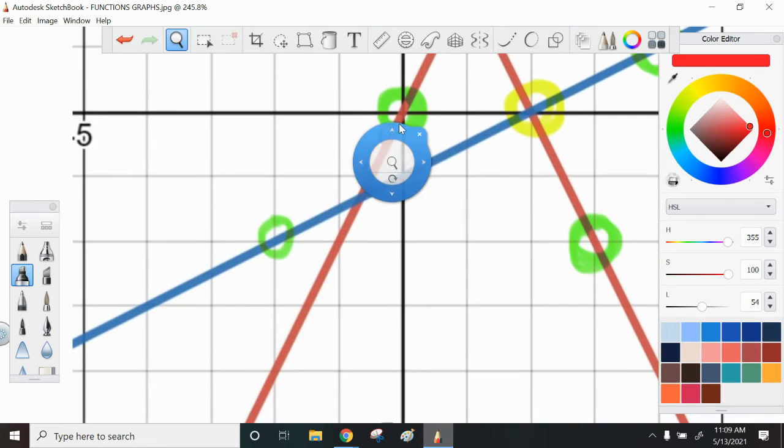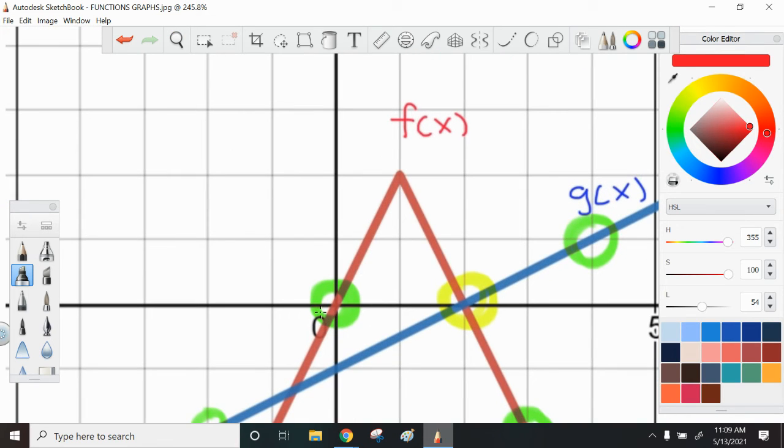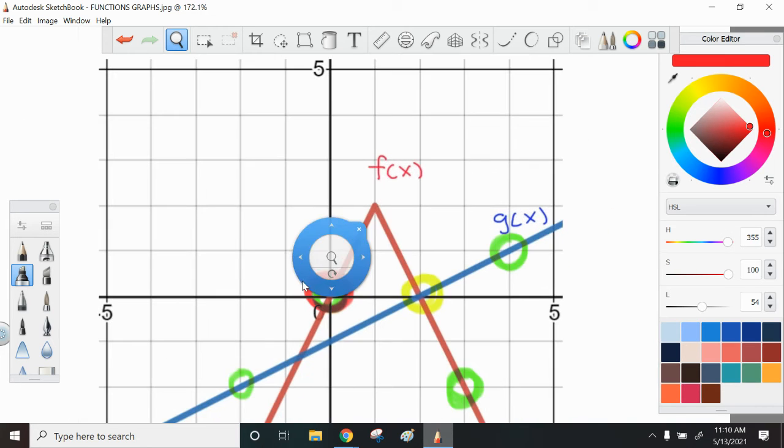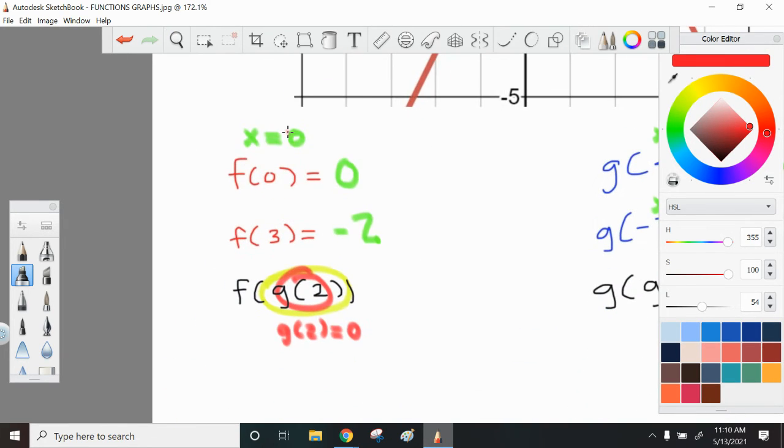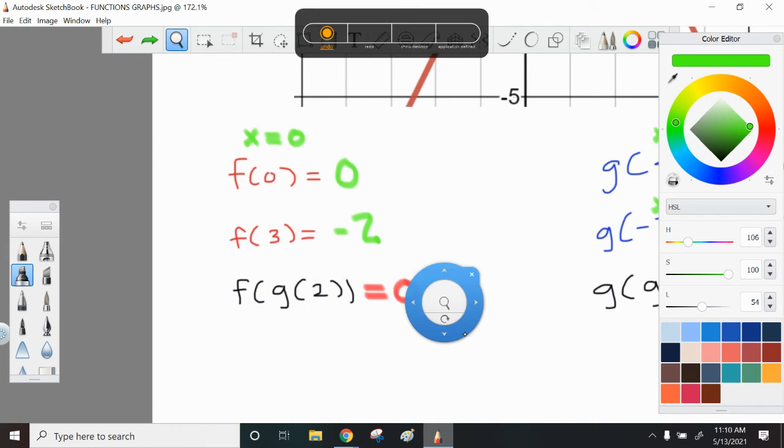So we're going to go up here. F of 0, we've already figured it out. 0. So our final answer here happens to be 0. And that is because we worked inside out, inside first, 0, f of 0, also 0. Just happens to be a coincidence there.